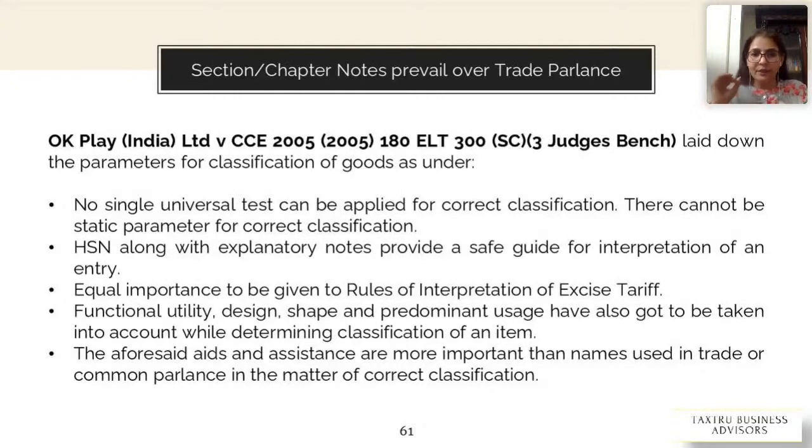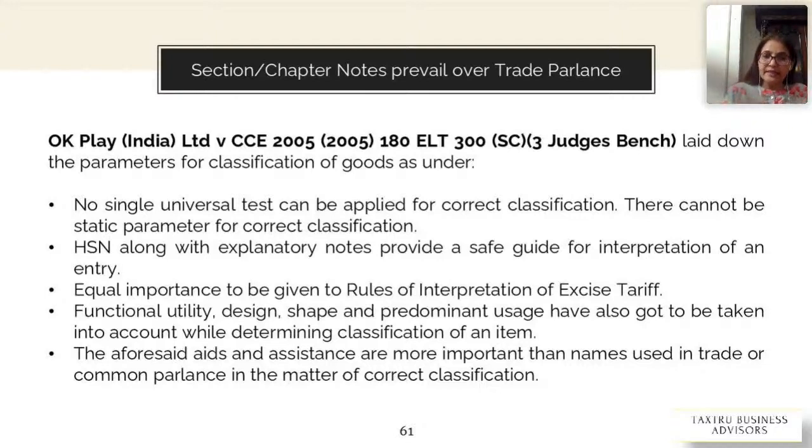HSN, along with the explanatory notes, provides a safe guide for interpretation of an entry. Equal importance is to be given to the rules of interpretation of the excise tariff also, because they are on the same parameters. Functional utility, design, shape, predominance and usage also have to be taken into account while determining the classification of an item.